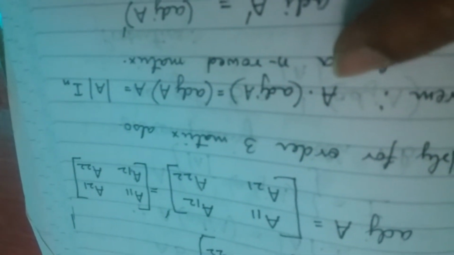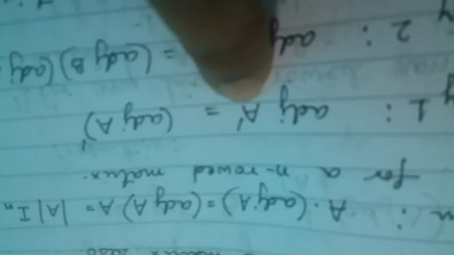Now another theorem related to adjoint A: A into adjoint A is equal to adjoint A into A, which is equal to determinant A into I, for any n-rowed matrix. If there are n rows in a matrix, obviously you know it is a square matrix, since we are dealing with determinants. This is a very important theorem that you have to keep in mind.